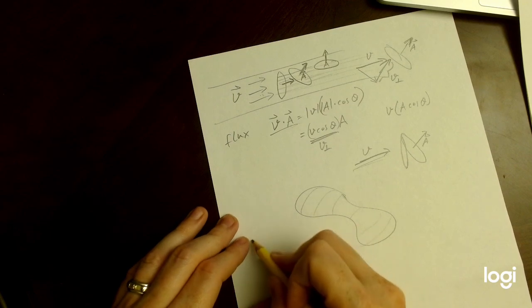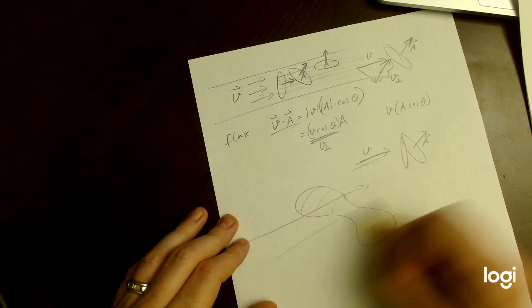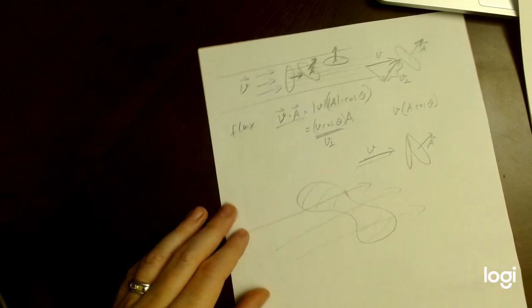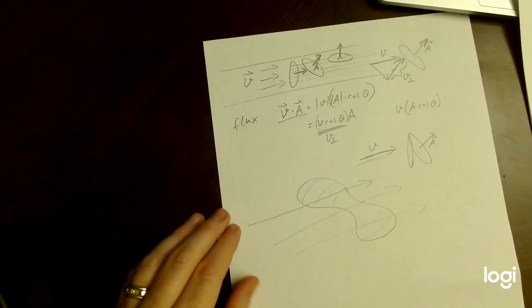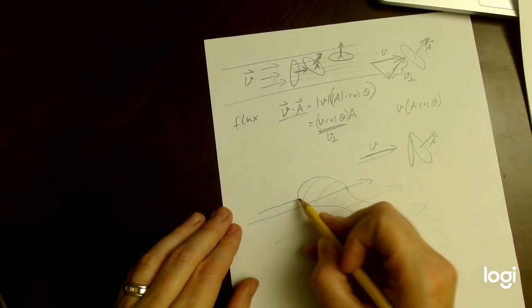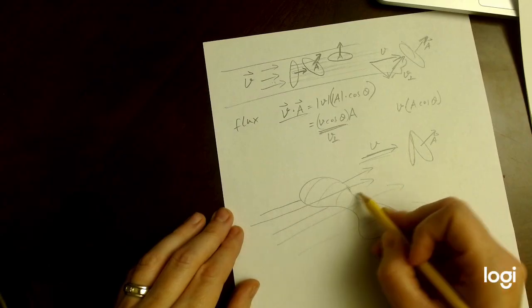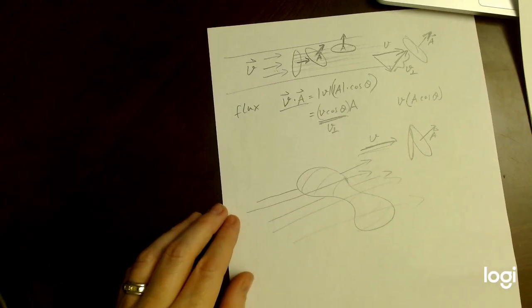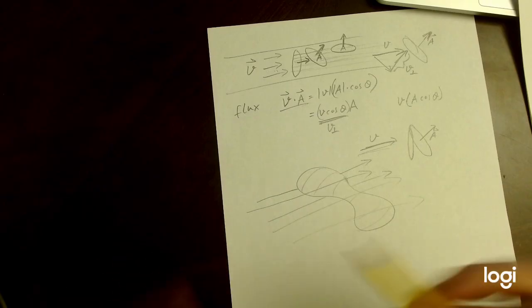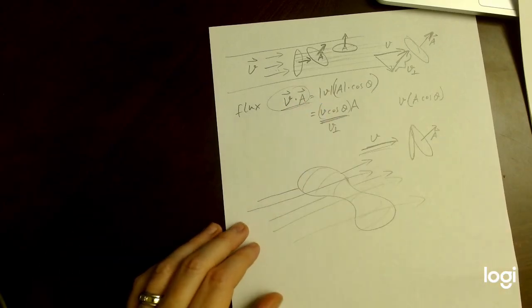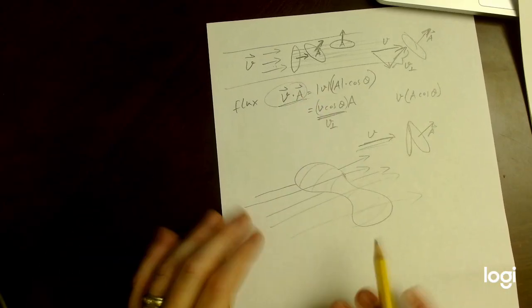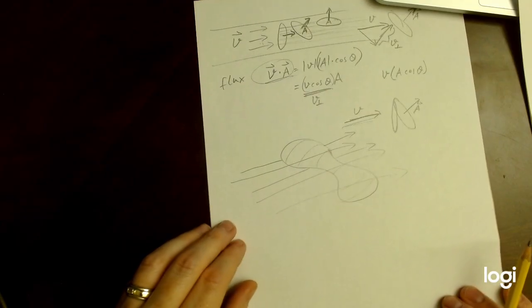And if I have some vector field passing through this, maybe going in and then coming out the other side, or going around it in some way, I could try to figure out what's the flux of this vector field through this surface.